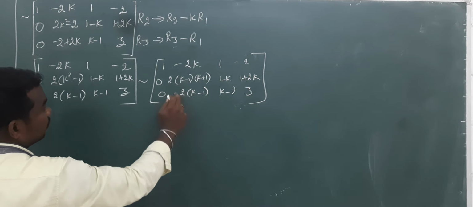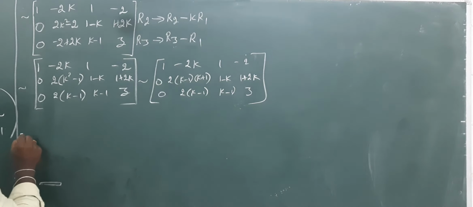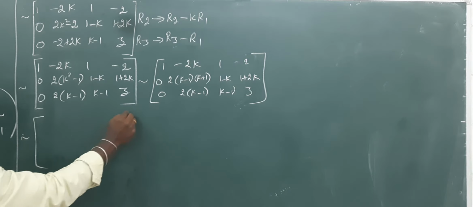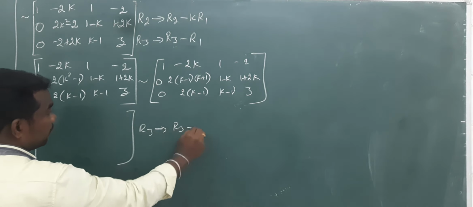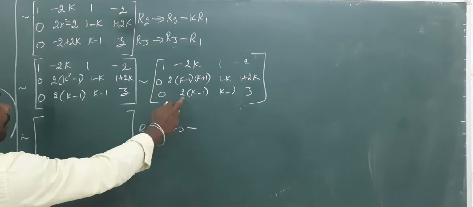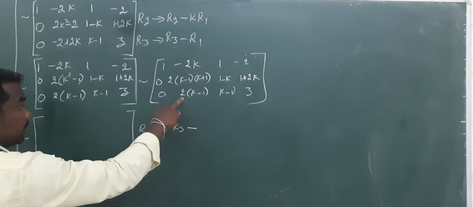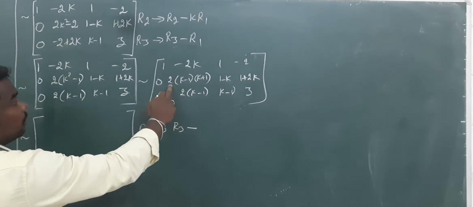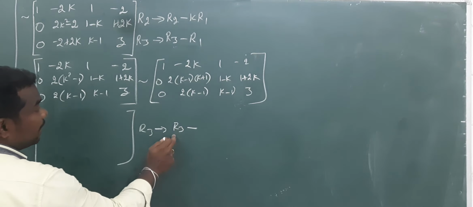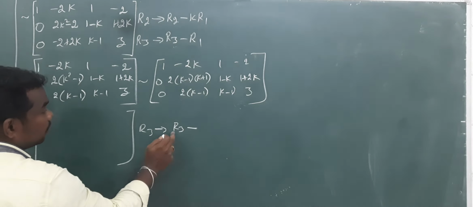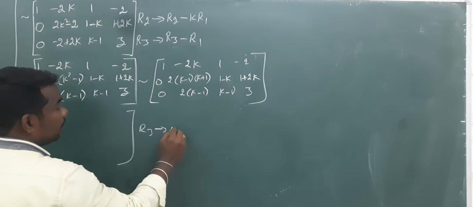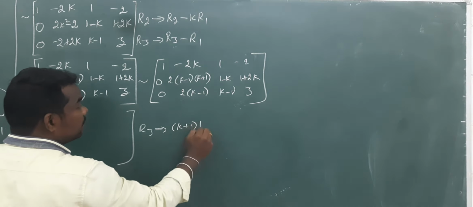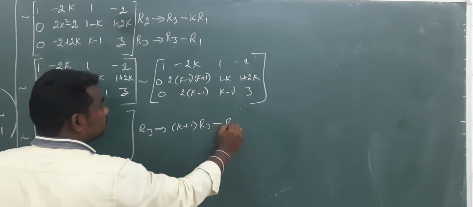So if you make 0 here, then the next step is you just guess R3 gives R3 minus. What term will come here so that it will be eradicated? So I multiply k plus 1 to R3, then minus. So I write k plus 1 into R3 and minus R2.